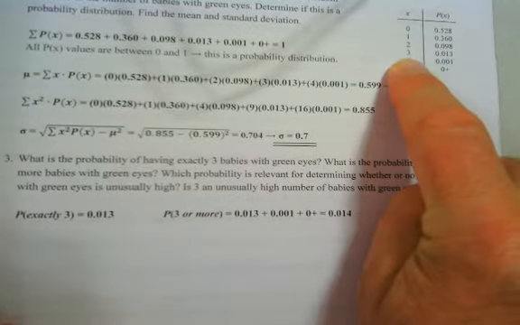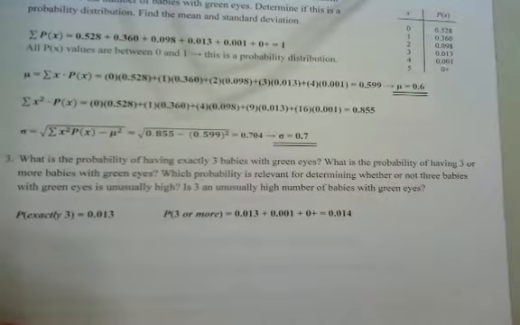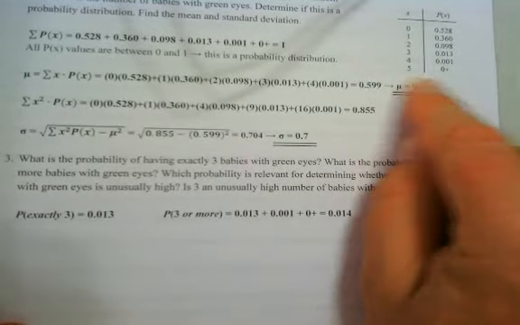exactly 3. Well, we just go to where it's 3, we read it right off the table. So having 3 babies out of the 5 with green eyes had a chance of 0.013, which is about 1.3%. 3 or more means adding the 3, the 4, and the 5.